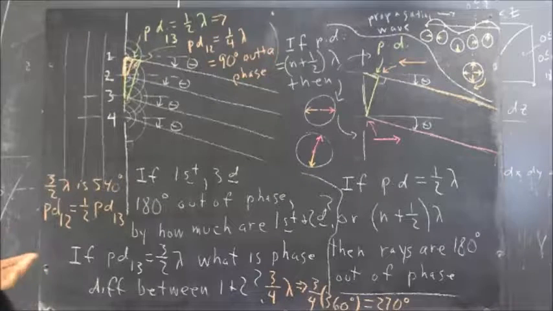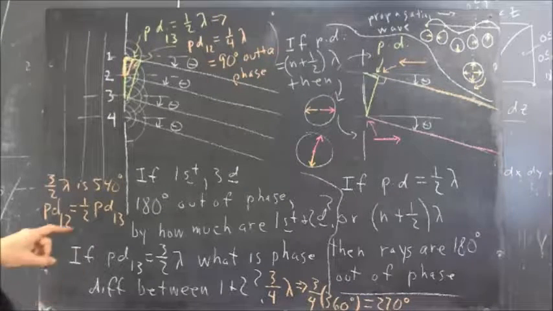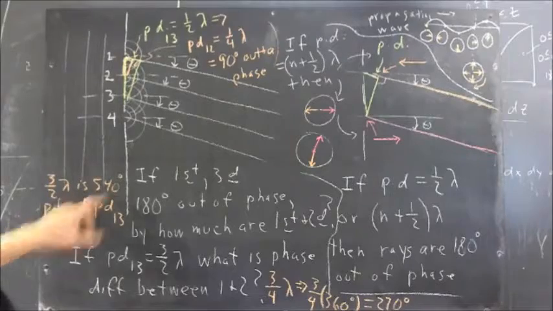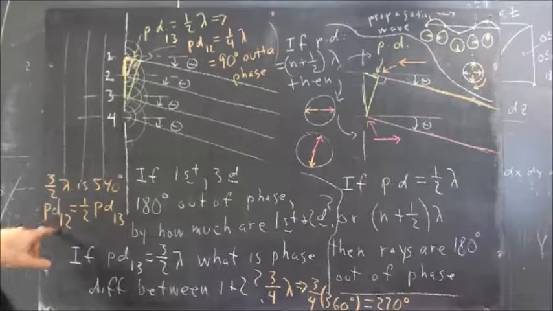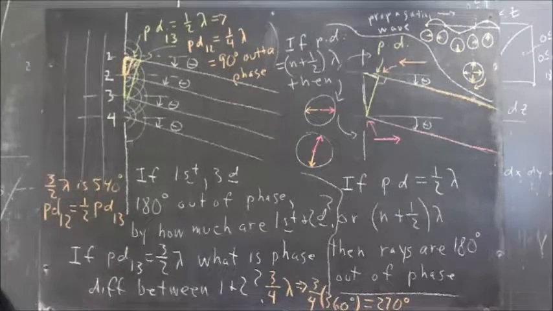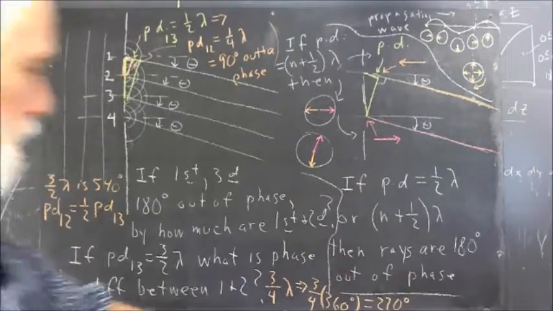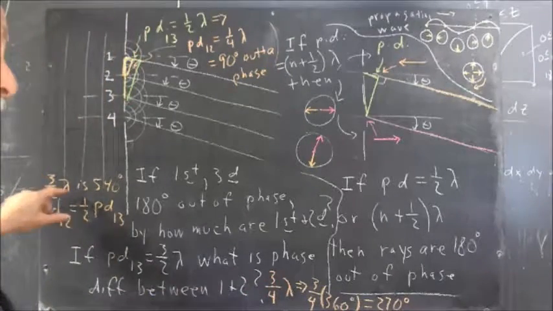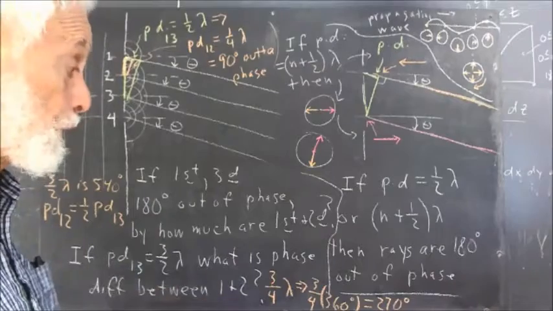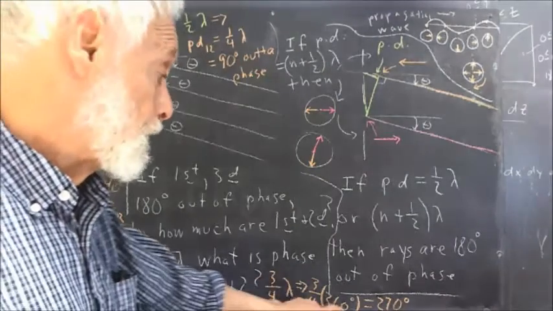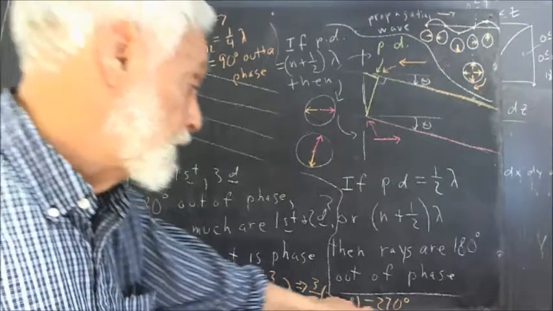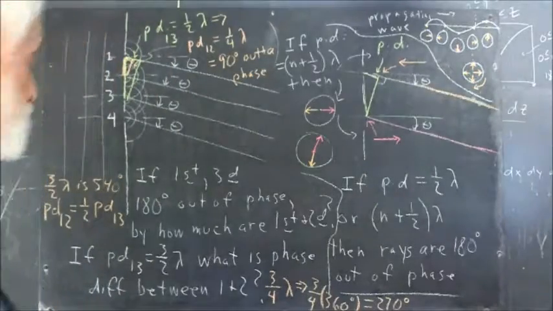So one way or another, if this is 540 and this is half of this, then this has got to be a 270 degree path difference. Alternatively, if this is 3/2 lambda, then this has got to be 3/4 lambda. So you're going to have 3/4 of a wavelength, 3/4 of 360 degrees, or 270 degrees.